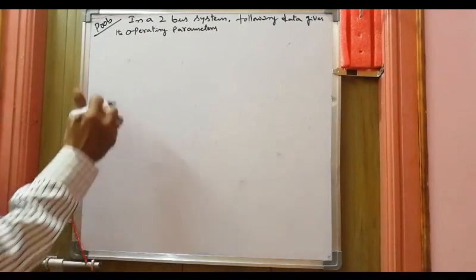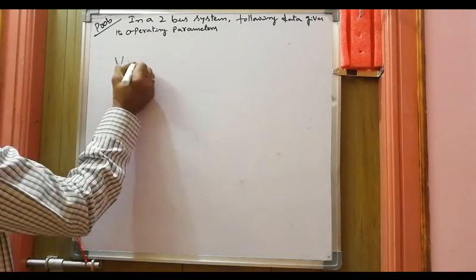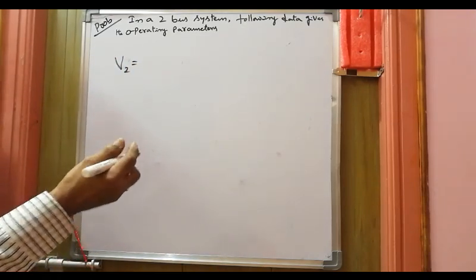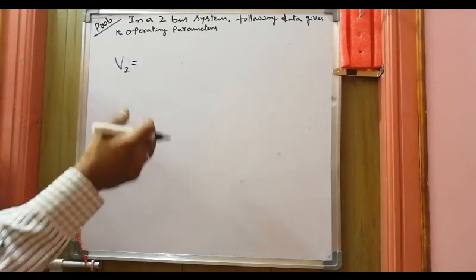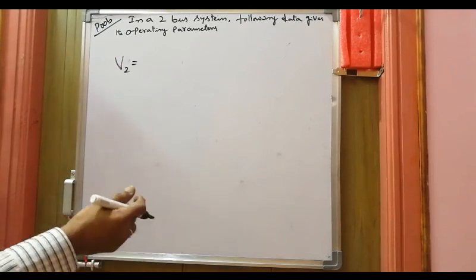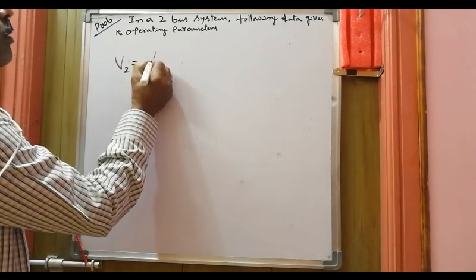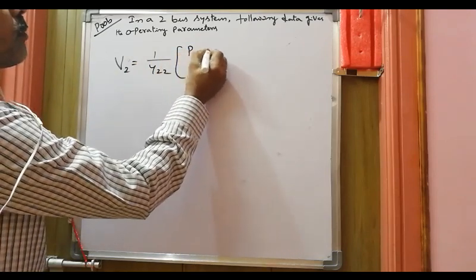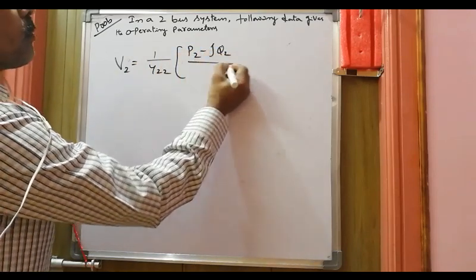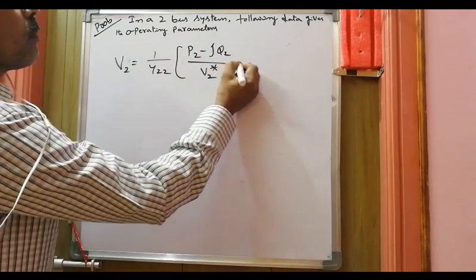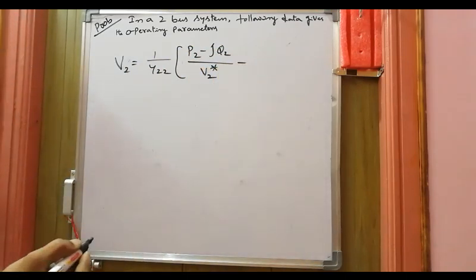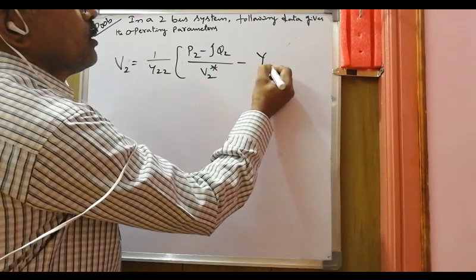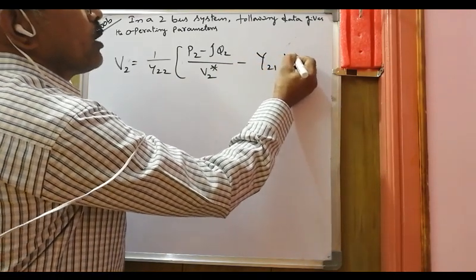Right, what is V2? V2 is 1 by Y22 times (P2 minus JQ2 by V2 conjugate minus Y21 V1).